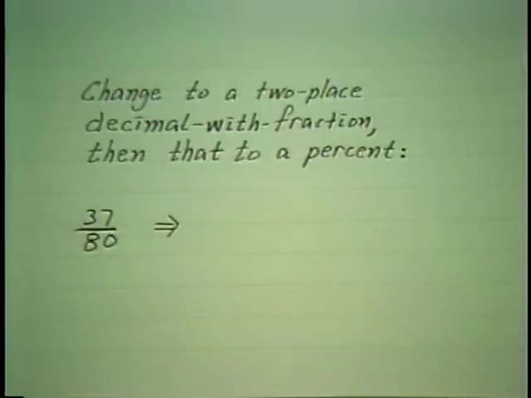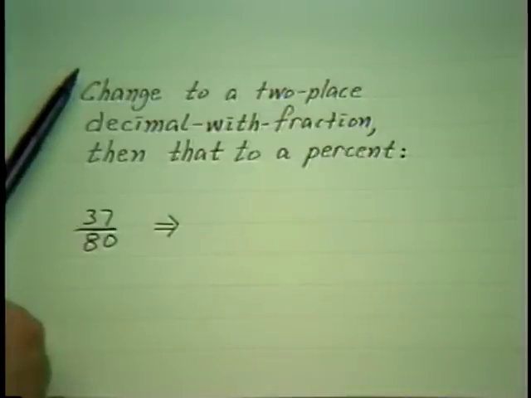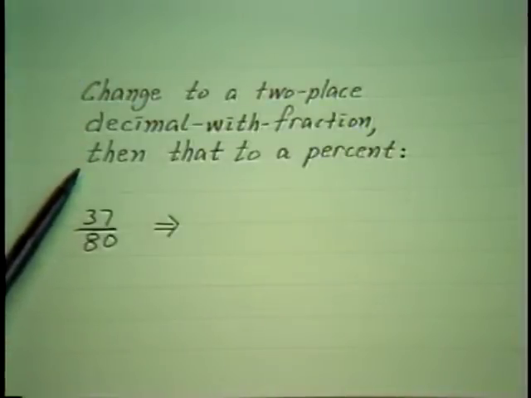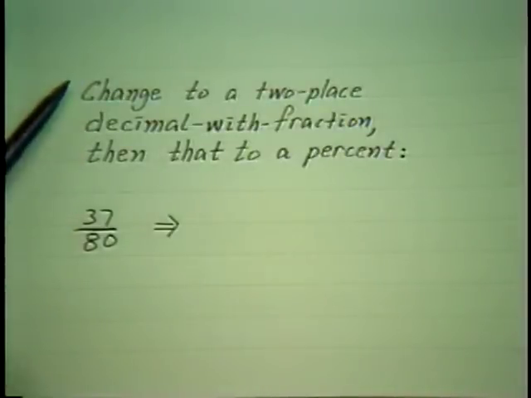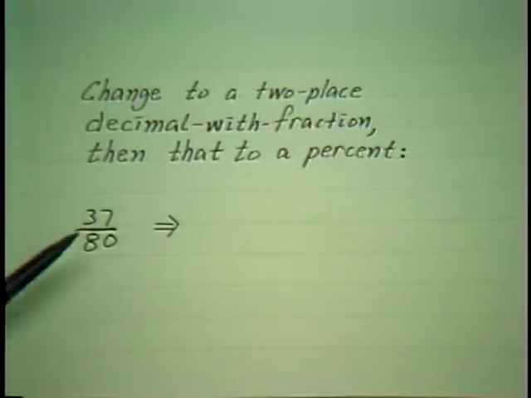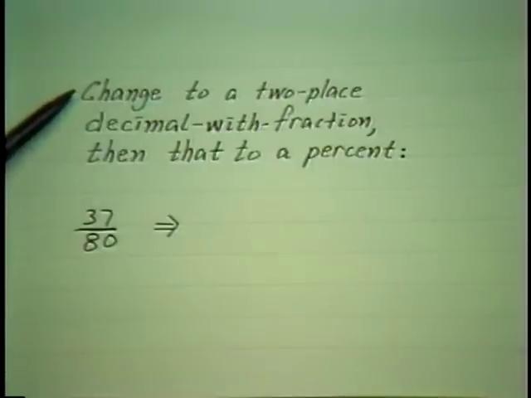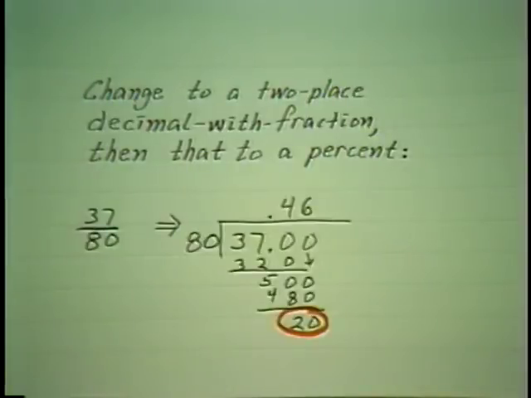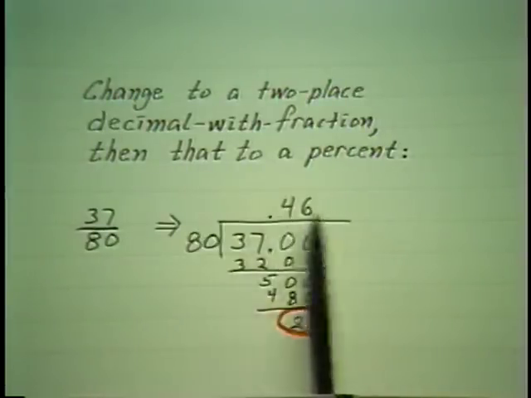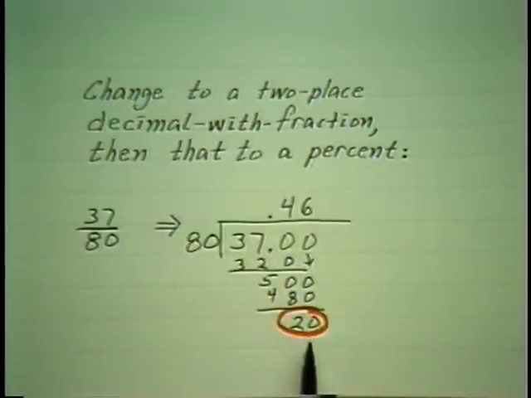Let's try a second one, again emphasizing the matter of being very careful with the instructions. So it's changed to a 2-place decimal with fraction, then to a percent. So as I do this division, this says to only go out to 2 decimal places. So doing that, I get my 2 decimal places and a remainder of 20.